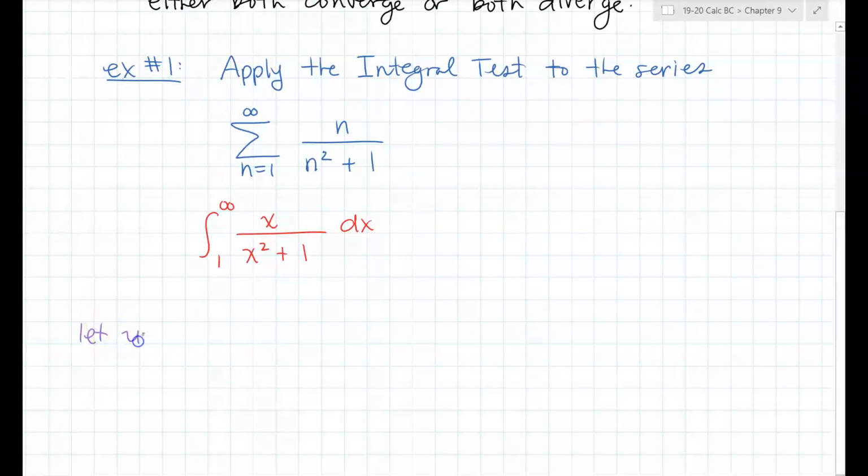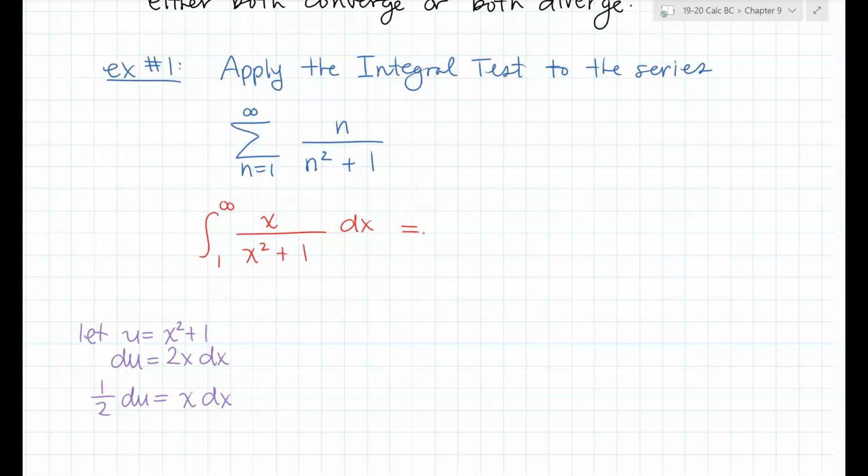We're going to let u equal x squared plus 1, so du is 2x dx. Now, you'll notice I don't have a 2 up there. So in order to make this work out, what I could do is just divide by a half du, and that'll give me an x dx, so that should be good. Now let me rewrite this thing here first off. So I see that I have 1 to infinity.